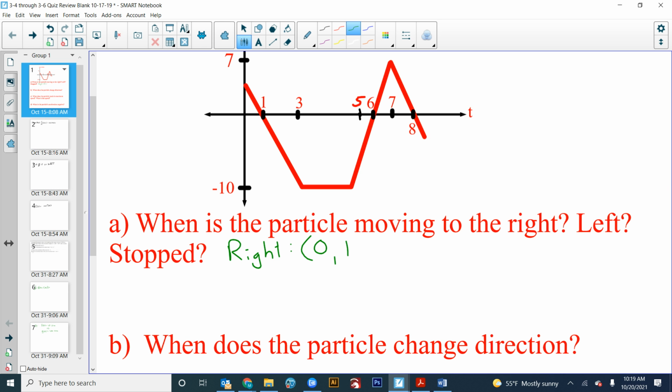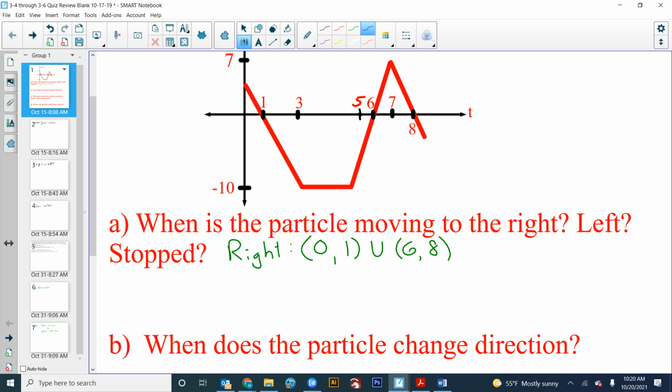Did you put a bracket or parenthesis on 1? I agree. Union. And then you put 6 to 8. If you wrote 0 less than x less than 1, that's fine. And then 6 less than x less than 8, that's fine too.